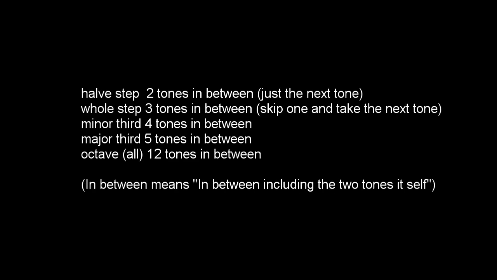There are 4 tones in between the 3 and the 6, including the 3 and the 6, and this is called a minor third. If you are wondering, apart from the relation to the rough level, you have to learn these names of the accurate level by heart. But the really important ones are these.